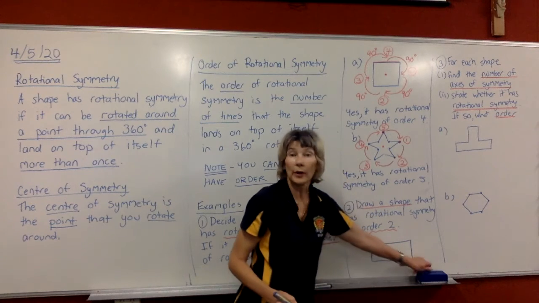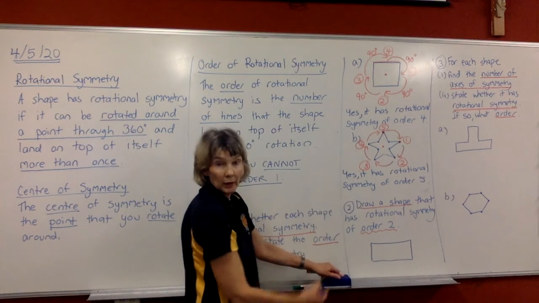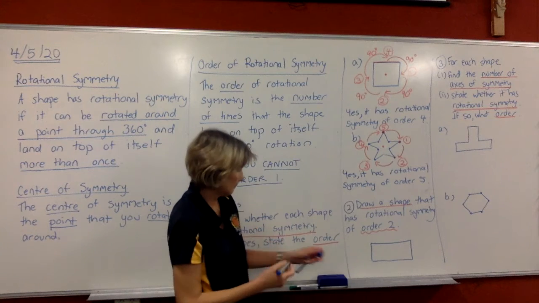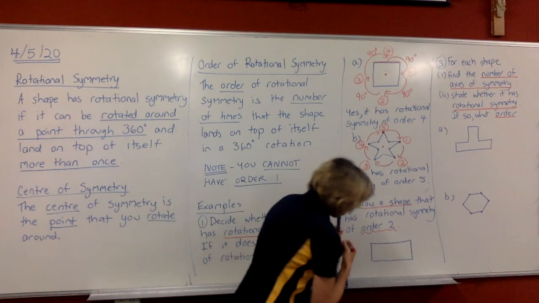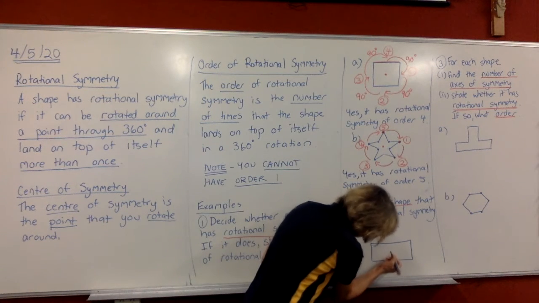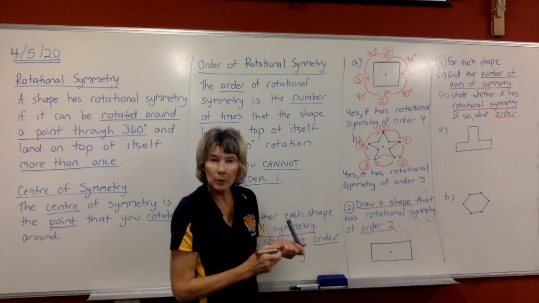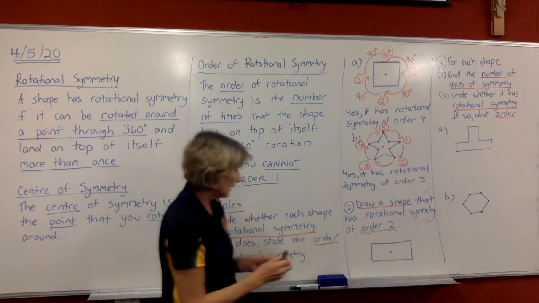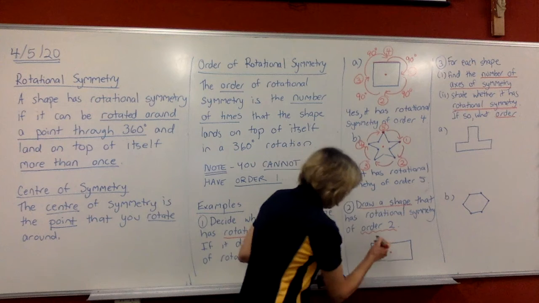Okay, so watch what happens with a rectangle. You could draw a rectangle going that way, or you could draw it going the long way, so it doesn't matter. So here's our centre, and then we're going to see what happens when we spin it.